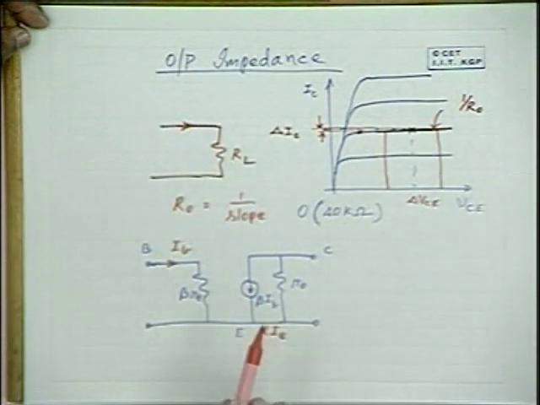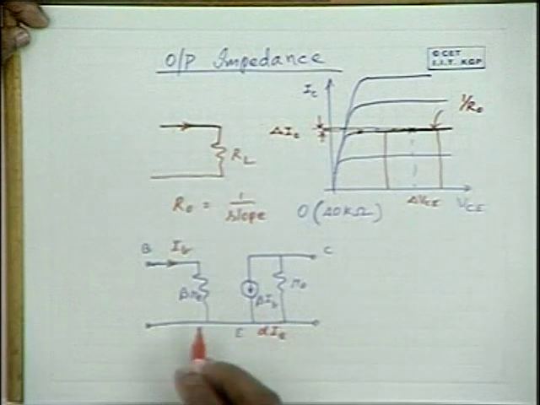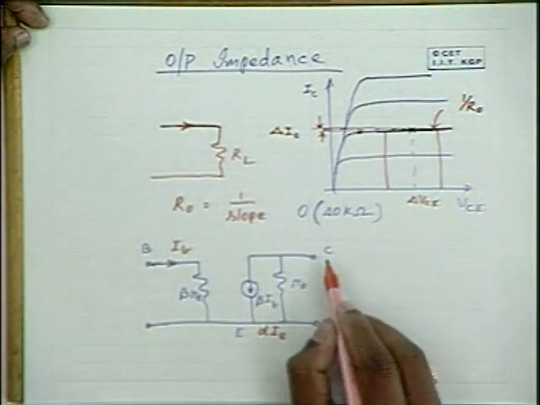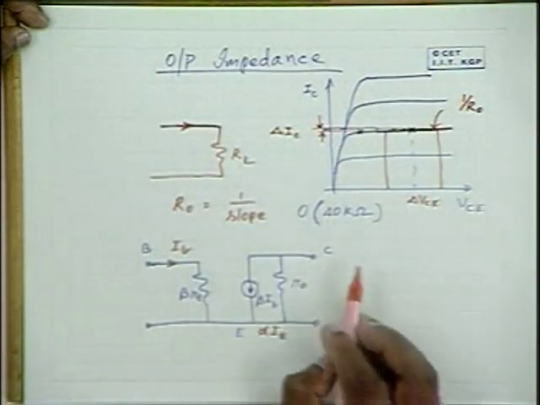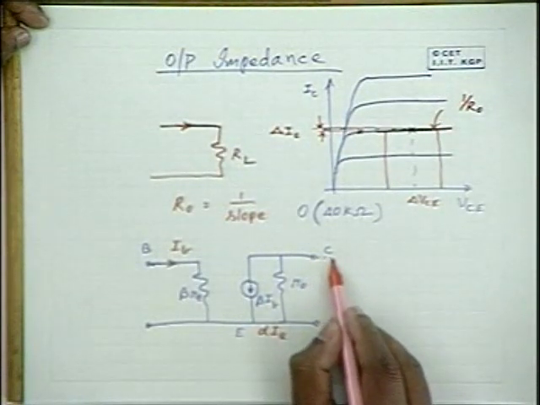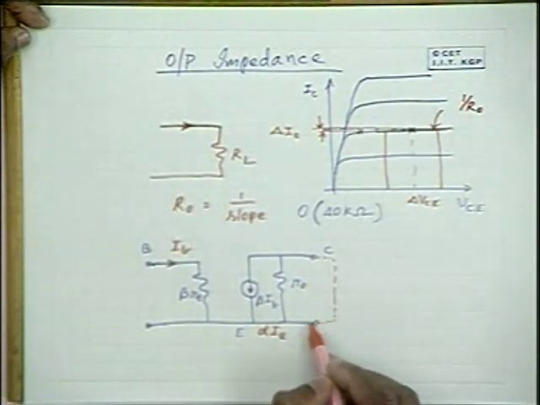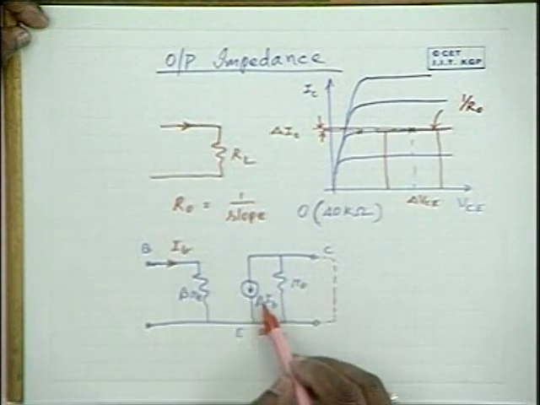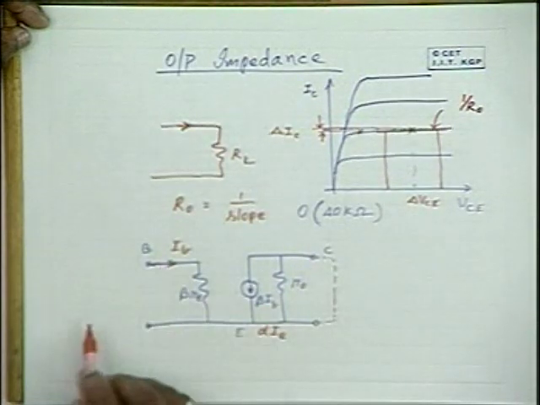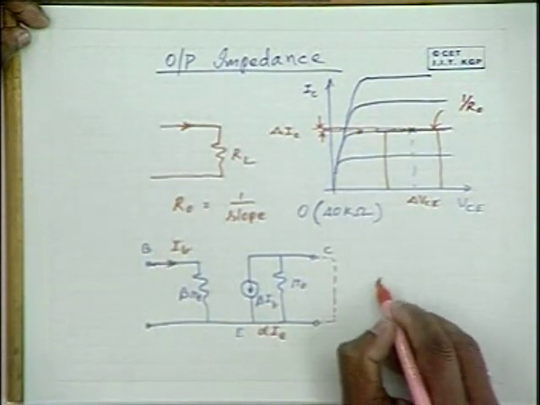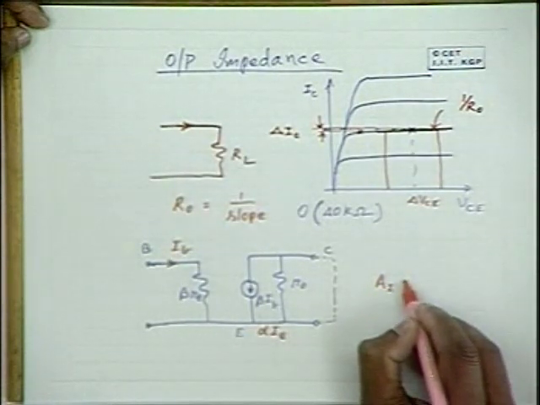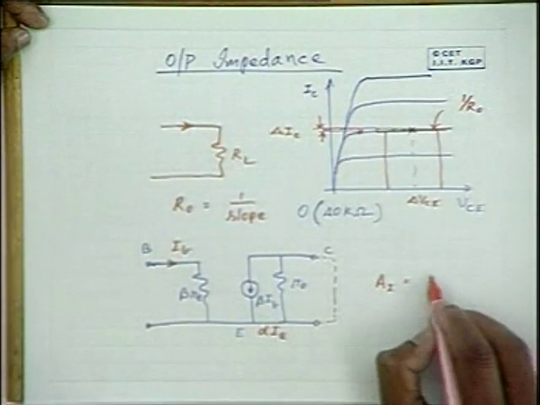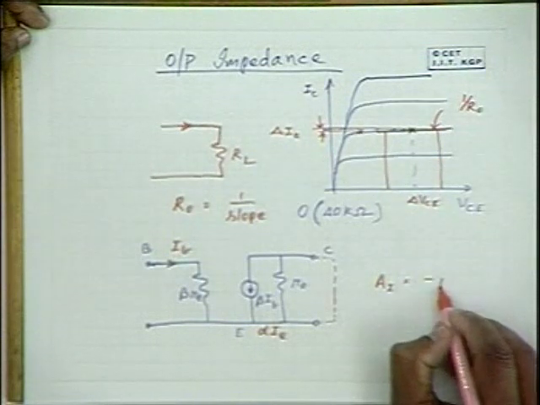Now, how much is the current gain? That can be obtained in this particular case. If you short circuit this terminal, then you will find that the output current is beta times Ib and the input current is Ib. Therefore, the current gain one can get is minus beta.